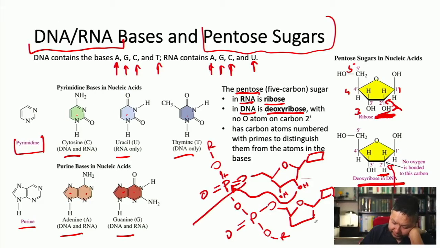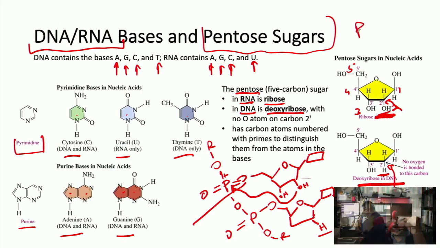But for DNA, which will make this one the DNA nitrogenous base, they're never on the same strand, by the way, so don't get confused there, but just say that this is DNA. There's no oxygen there to do that kind of attack on the phosphorus, right? And since there's no oxygen there, there's no real way to break that phosphodiester bond, right? So my old boss at school used to say, phosphorus loves oxygen, which is very true, right?